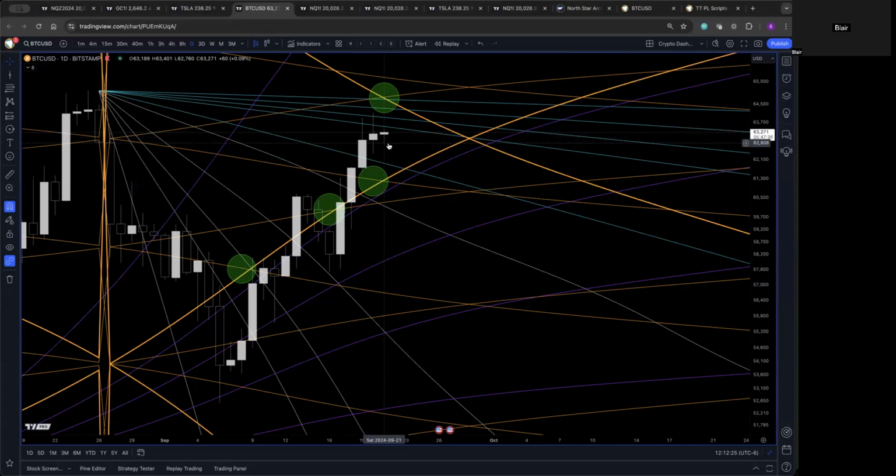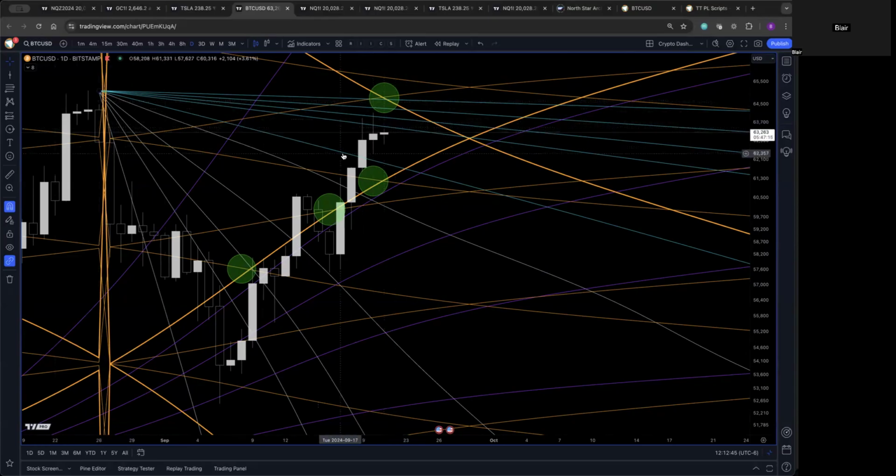But again, I'm not willing to get super bullish on crypto until we get past this halfway mark of the Mercury Helio cycle. And judging by the wicks, it looks like we're kind of running out of gas on this move up, right?